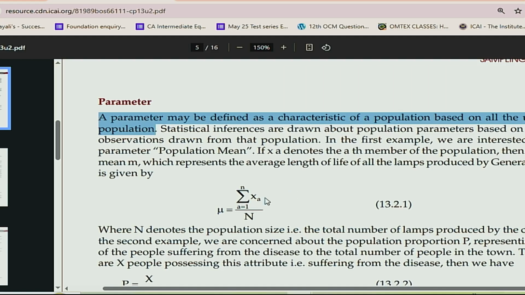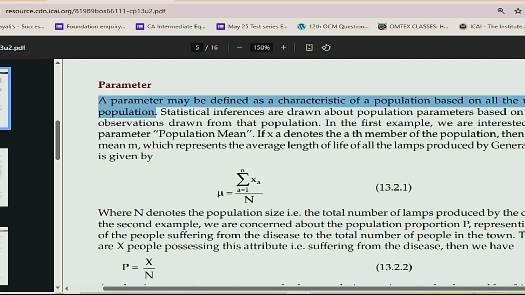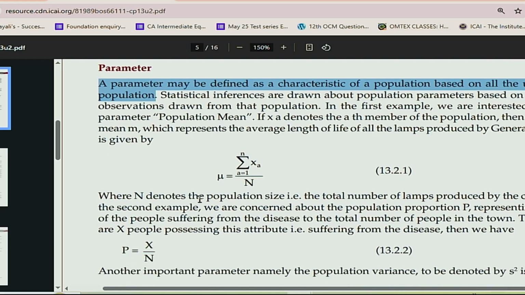Mu is equal to summation, this is sigma, summation, a is equal to 1 to N, x of a upon capital N, where capital N is the total number of population. What does N denote? N denotes the population size, that is total number.